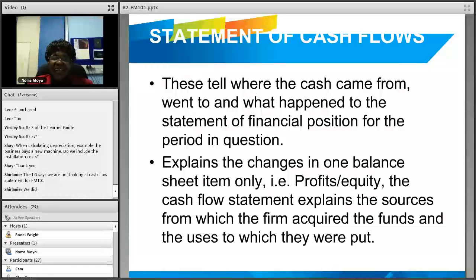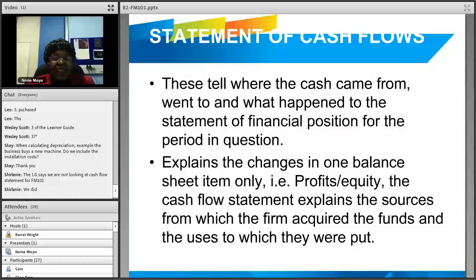Then financing activities would be when they get money maybe from issuing shares or from the bank if they get a loan. Then that is from financing activities. Financing activities can be from own capital or from the loan. So statement of cash flows.